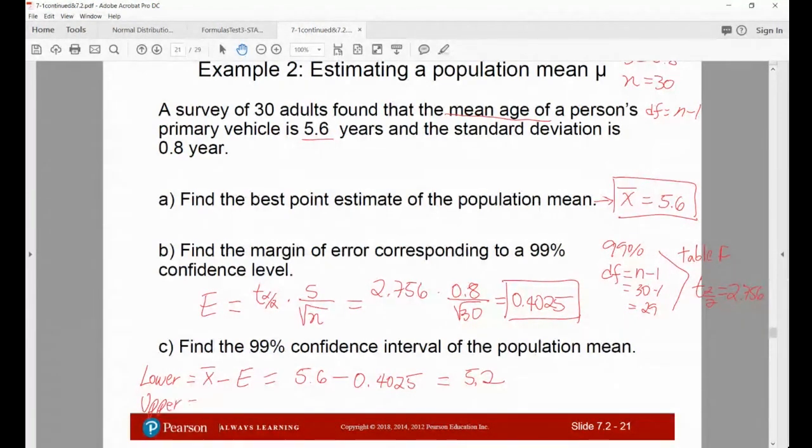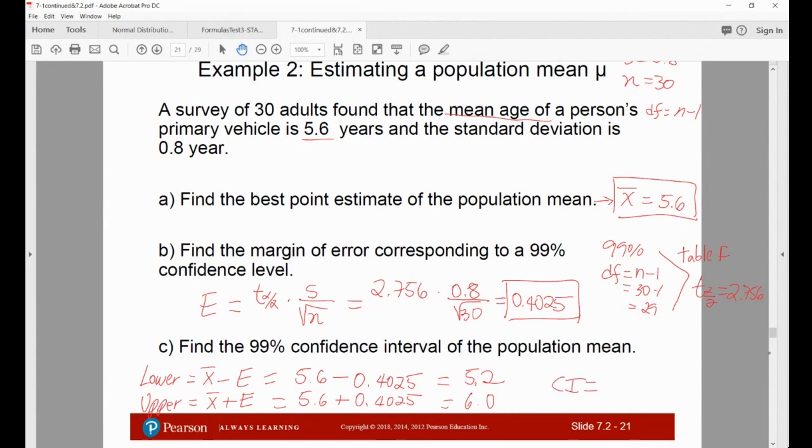And the upper limit is the sample mean plus the margin of error. So 5.6 plus 0.4025. And that is 6.0 if we round to 1 decimal.